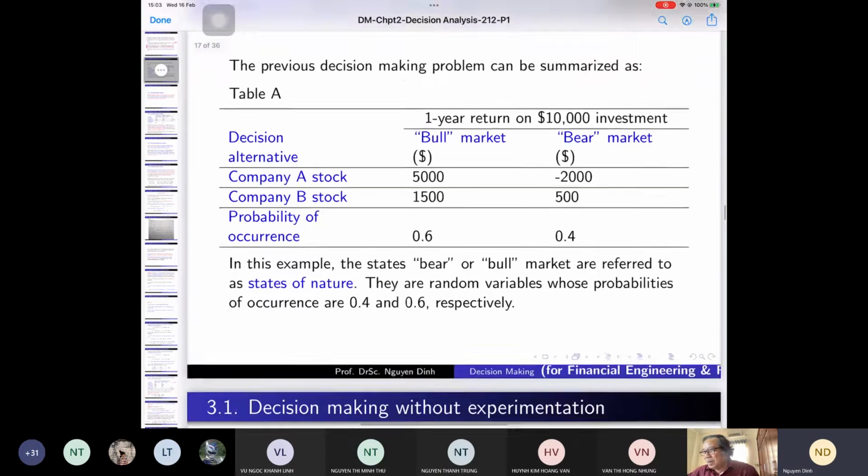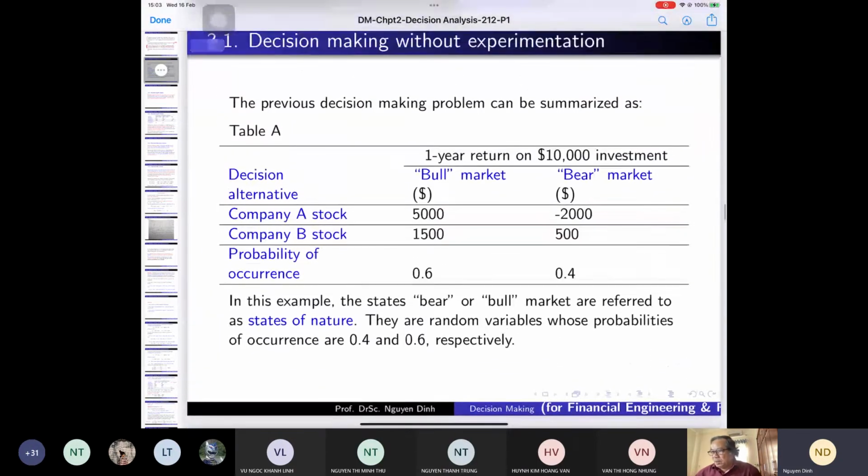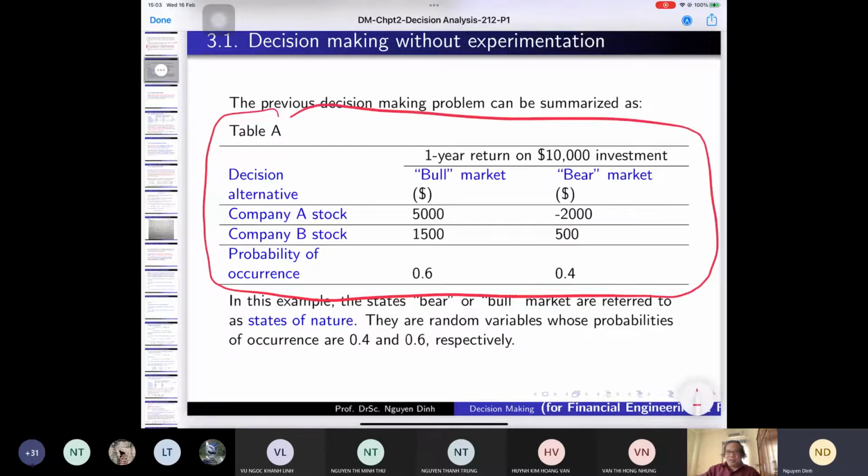Look, there are several ways here. This is a table where I summarize all the information. The decision alternative: you have two things, company A or company B. And the situation of the market, you have seen bull market and bear market.